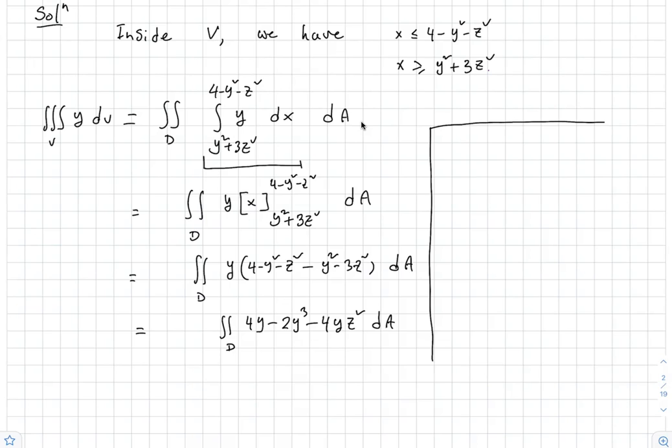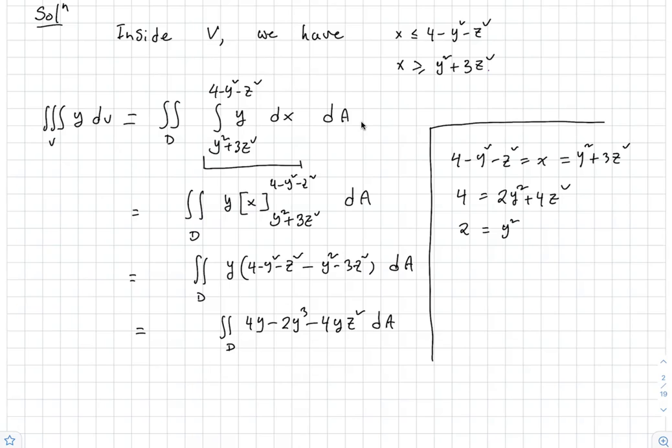If I look at both surfaces, 4 minus y square minus z square equals x, and x equals y square plus 3z square. From that we get 4 equals, if I take y square and z square to the right hand side, 2y square plus 4z square. Now we can divide by 2.